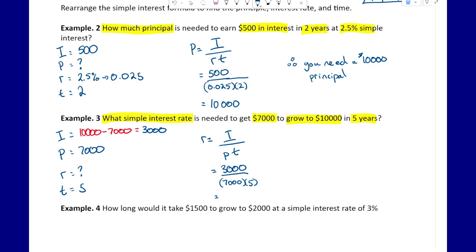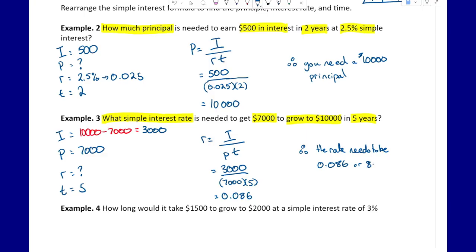This is a similar calculation to the last one. Make sure you put the denominator all in brackets so your calculator does that first. We should get roughly 0.086. So our rate needs to be 0.086, or because this is a decimal, we multiply that by 100.